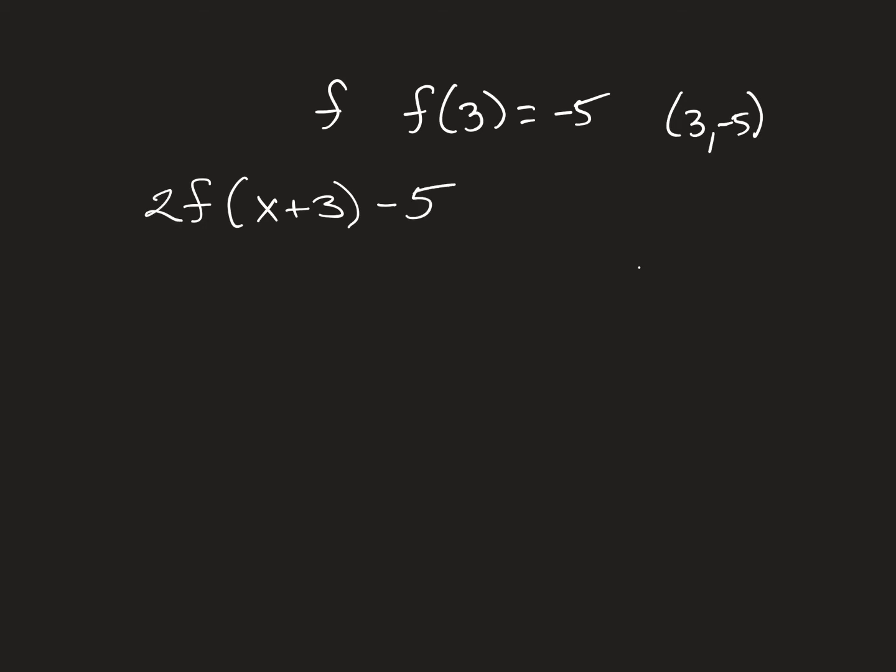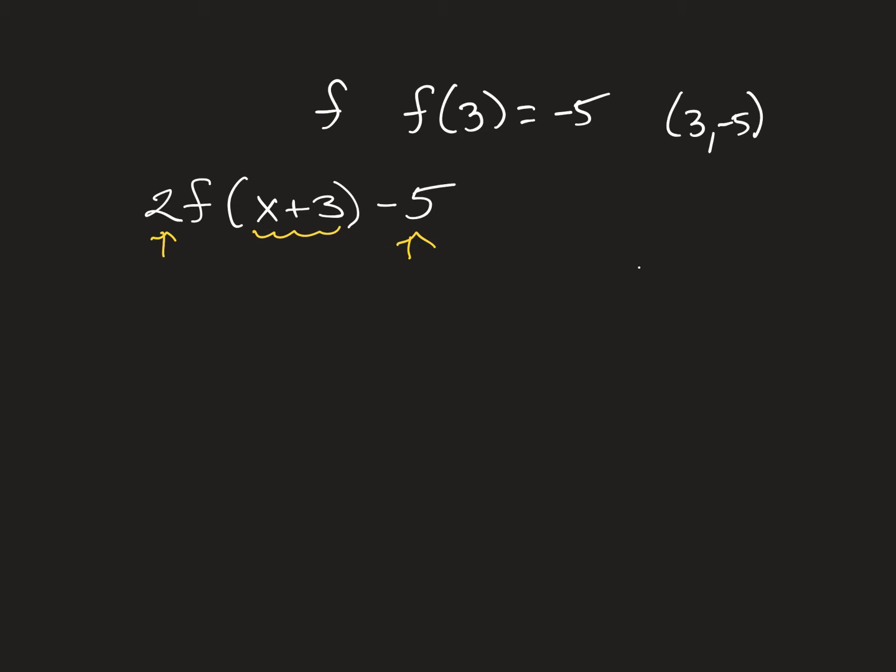Okay, in terms of the transformation effectors, anything inside the function here, the x plus 3, is referred to as a domain effector. It is affecting the x coordinates or the domain of the function. And anything outside of f, which in this case is 2 and negative 5, those are the range effectors affecting the y values or the range of the function.